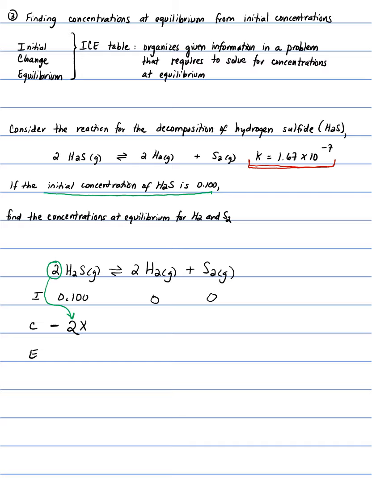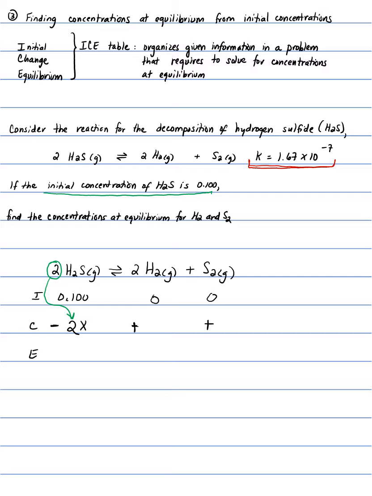Now, on the product side, you see the products are being formed as the reaction progresses. So as time passes by, your hydrogen sulfide is being decomposed. That initial concentration for hydrogen sulfide will be decreasing, and the concentration of your products will be increasing. Always products increasing, reactants decreasing.